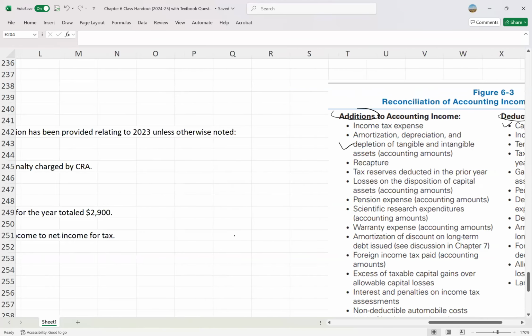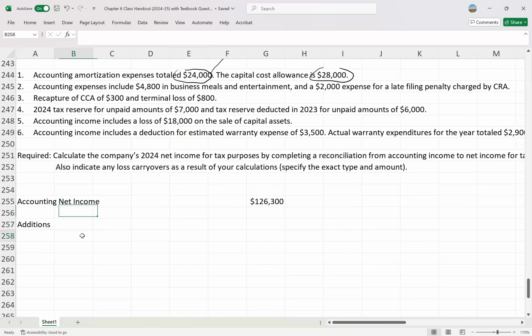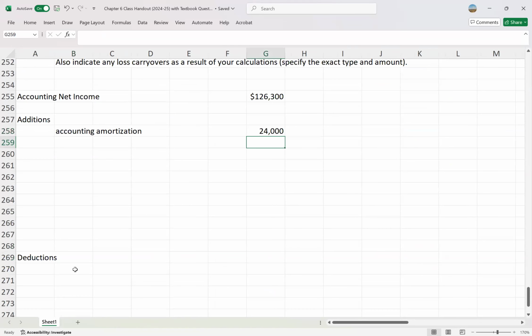So on the schedule here, we're going to add back the accounting amortization of $24,000. And then under the deductions, we'll get to deduct CCA of $28,000.